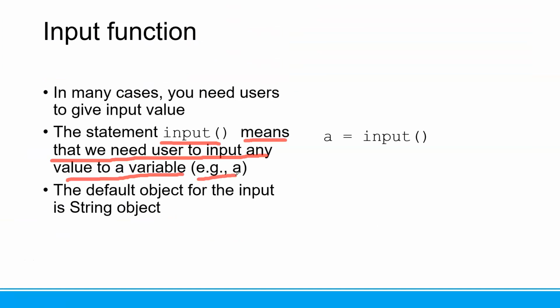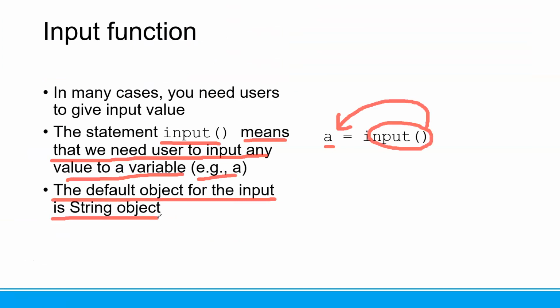So for example, I have a variable A, then I will input something to the variable A. The default object for the input is string. What is string? It is a sequence of characters.